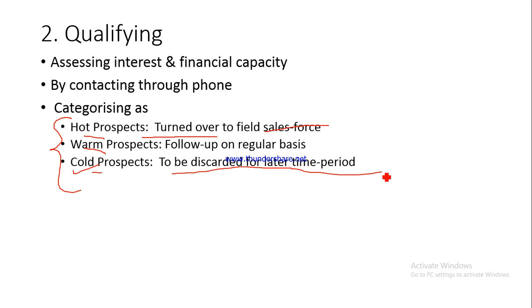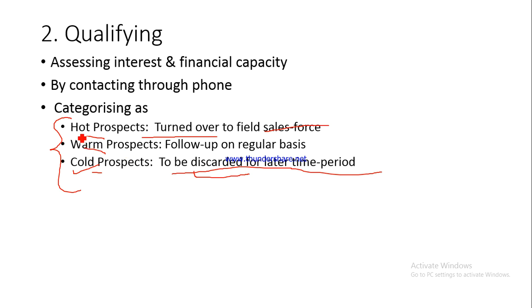So this individual who was in 2020 and 2021 a cold prospect because he had only recently bought a car, by the time it was 2024, 2025, became a hot prospect. Why? Because now he's looking to get his old car replaced, right? So you simply keep such prospects in your database so that you can contact them at a later date.